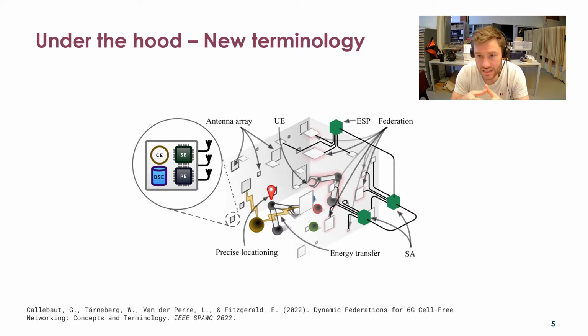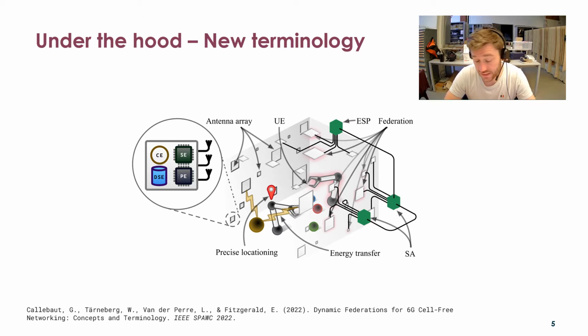So the conventional access points are required to be extended with additional hardware and functionality to provide also localization and power transfer. So we need to redefine these access points as contact service points, abbreviated as CSP, to highlight that there is a first contact point from the perspective of the devices, and also not to confuse these CSPs with the conventional access points which only provide communication.